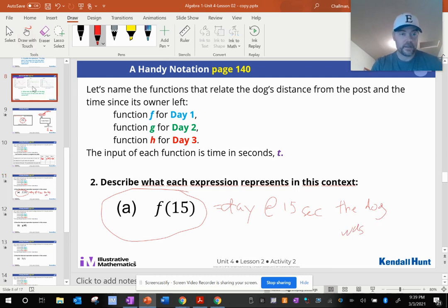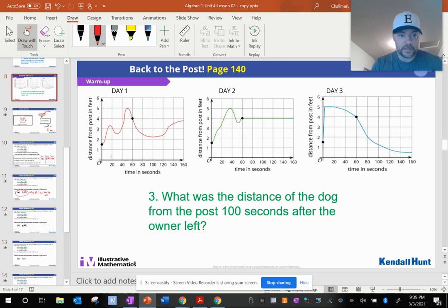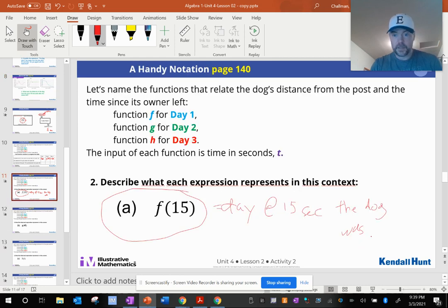Let's check. The dog was about 3 feet. So we'll go back here. We'll say 3 feet away from the post. That's what f of 15 means. It means the dog was 3 feet away at 15 seconds in on the first day.